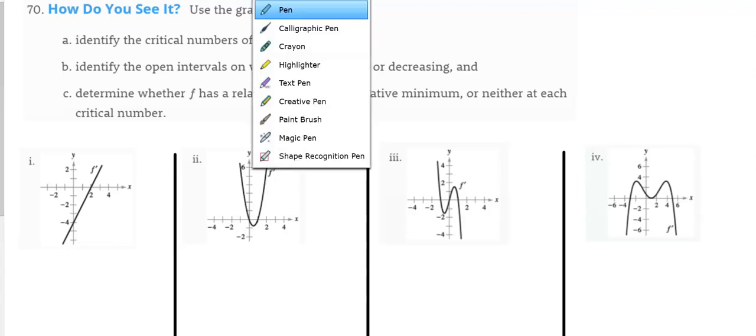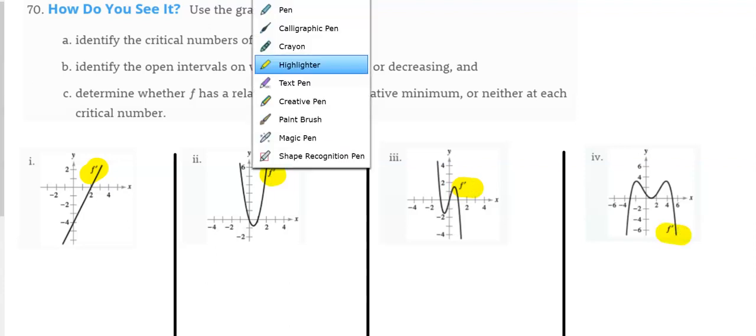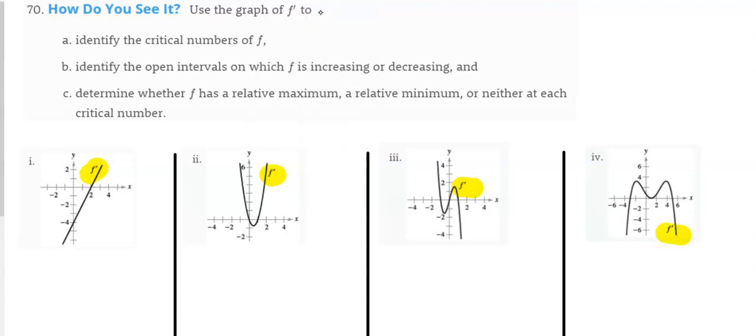Oh boy. Okay, when you're given the graph of f prime, please make sure you take a second to just think about it for a minute. So critical numbers of f based on f prime would be where f prime equals 0, so roots. Okay, so here x equals 2 is a root. I'll do all these in black. On this graph, it looks like x equals 0 and 1, because that's where f prime has x-intercepts.